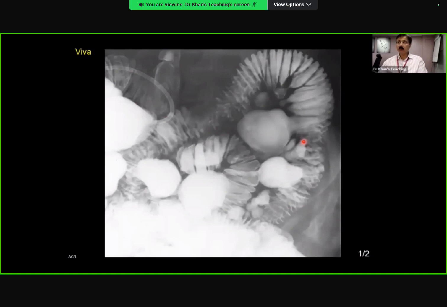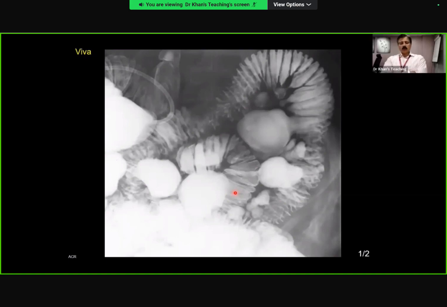Spot diagnosis number 2. What is happening here? So there are multiple sacculations with thickening of the small bowel.